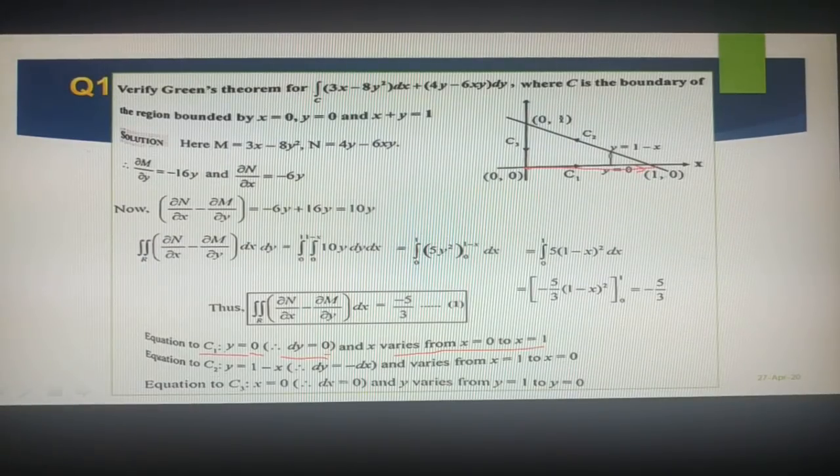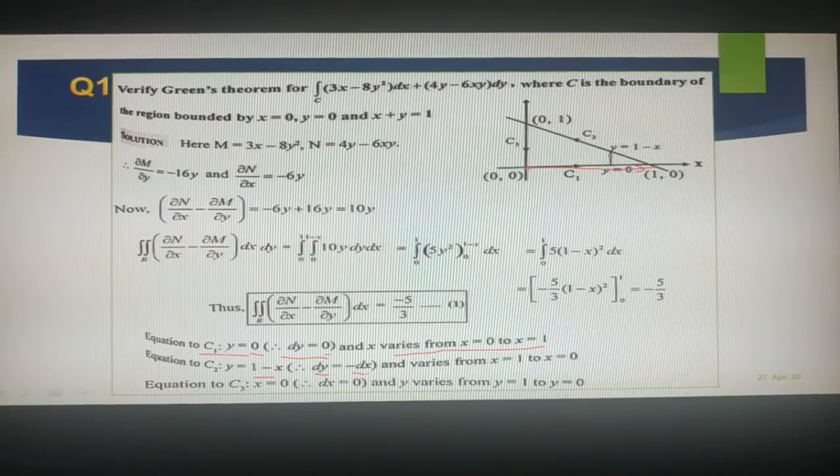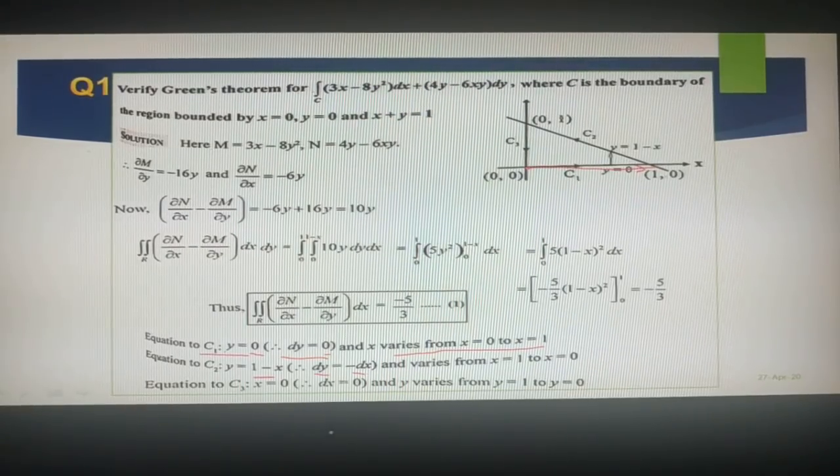Similarly, this is your C2. The line is y equals 1 minus x. So the change in y will be equal to minus dx.